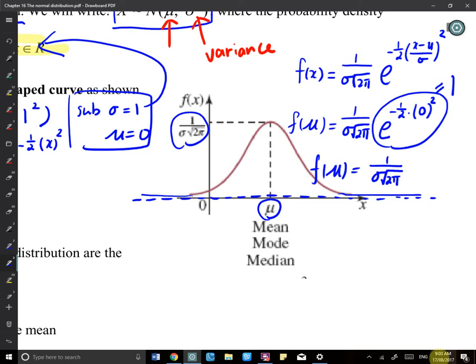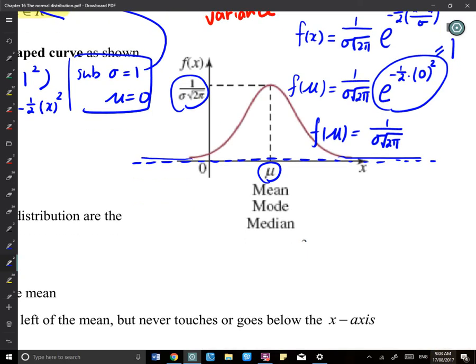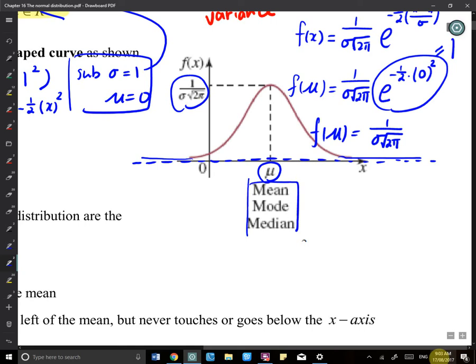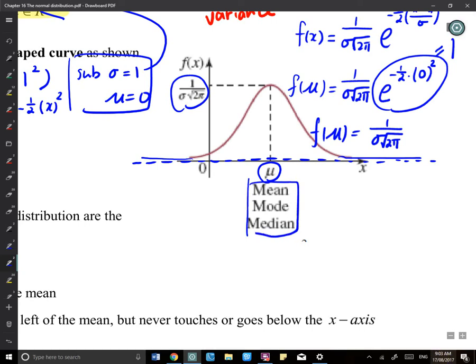Another interesting point here is mu is the mean, mode, and median, because this curve is symmetrical. This curve is always symmetrical, 50%, 50%. The middle, which is mu, is the highest point, and that highest point is the mode.